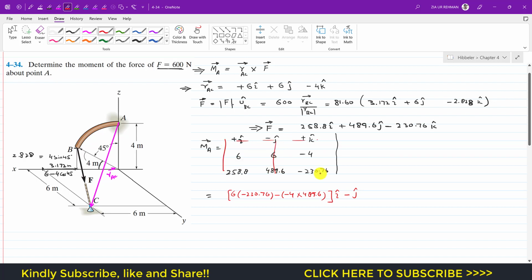We have to hide this and this, so that is 6 into minus 230.76 minus minus 4 into 258.8. Then for k we have to take the determinant of this, so this is plus k, and 6 into 489.6 minus 6 into 258.8. So this will give us the determinant.